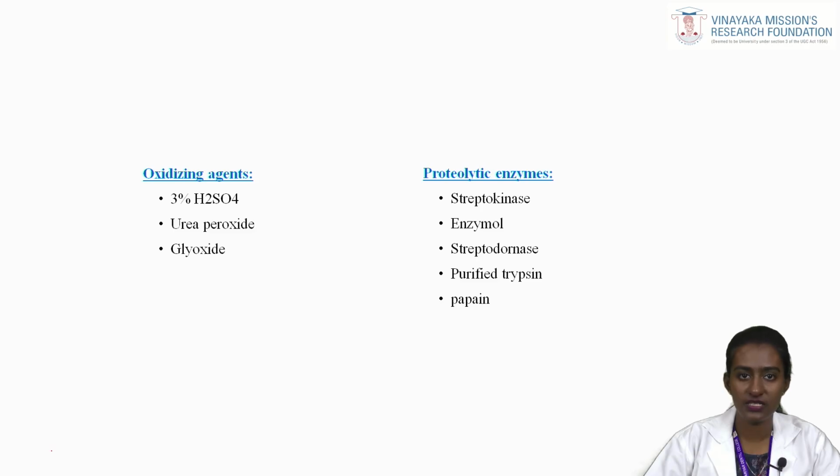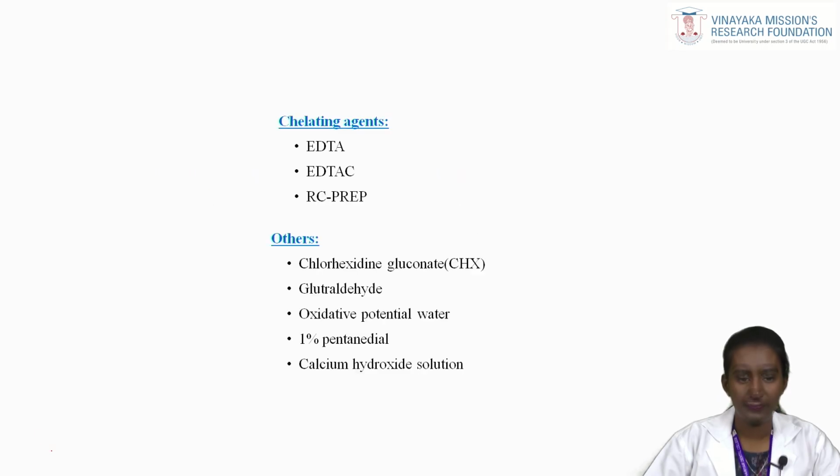Oxidizing agents include 3% H2SO4, urea peroxide, glyoxide, and proteolytic enzymes like streptokinase, enzymol, purified trypsin, and papain. Chelating agents are EDTA, EDTAC, RC Prep, and the other irrigating solutions are chlorhexidine gluconate, glutaraldehyde, oxidative potential water, 1% panthenidal, and calcium hydroxide solution.